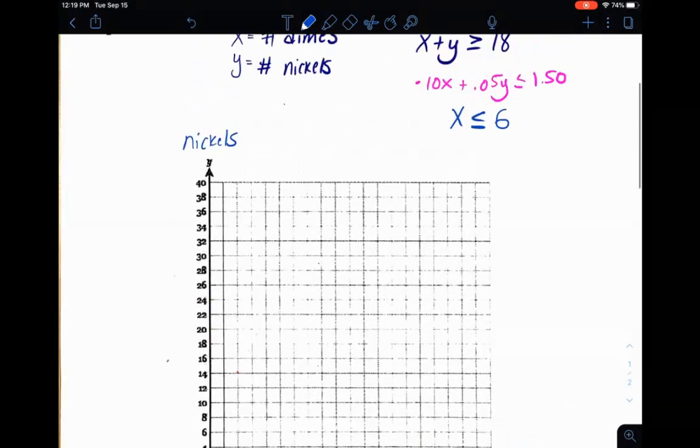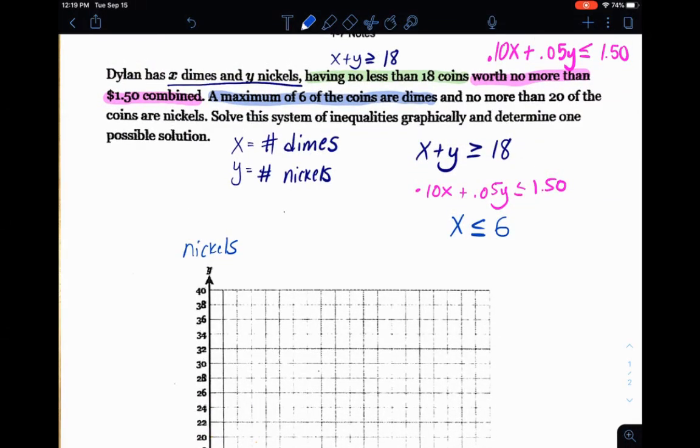So technically, all of my dimes are going to have to really be between 0 and 6, because I don't want less than 0 dimes. That doesn't make sense. So I just want you to keep in mind that there is this boundary line of our axis in this case because we're talking about a real life situation, and that real life situation is telling us that we're going to have to be between the axis and that 6.